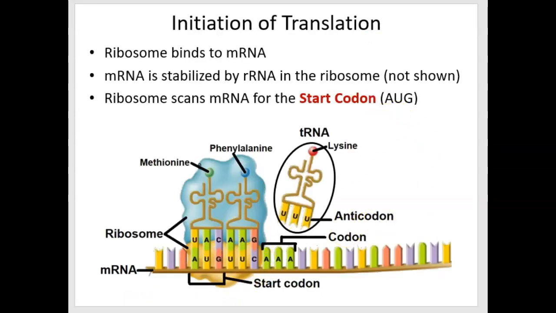So for example, here is the messenger RNA codon AAA. What's complementary to AAA is UUU. That is on the transfer RNA and called the anticodon. Every time a transfer RNA has UUU attached to it, and all of this, by the way, is also nucleic acid.